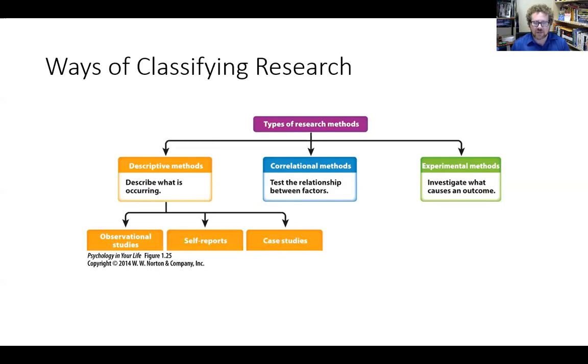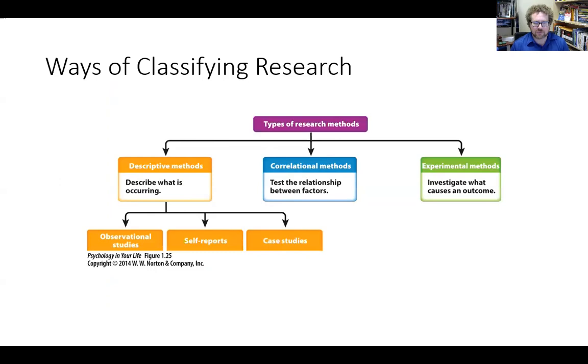So initially, descriptive methods simply describe what is occurring. Descriptive methods are not the most sophisticated level of analysis within science. It's often a starting point, a way of documenting something that's occurring in the world. For example, you might have an observational study.